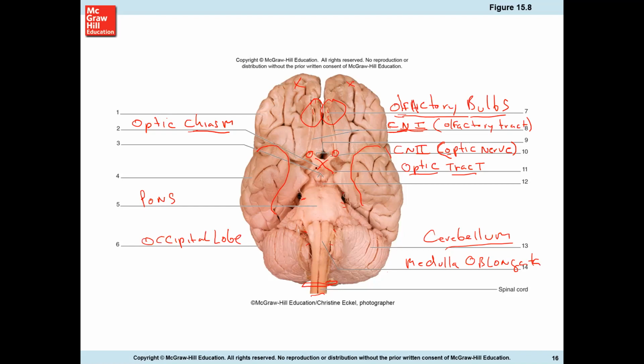Then the optic nerve is going to cross over in an area called the optic chiasm. You have to know this for our practical, what the optic chiasm is, what the optic nerve is. So behind the optic chiasm, now the projection fibers of the optic nerve will go back to the occipital lobe to tell us what we see and colors of what we see possibly. So behind the optic chiasm is the optic tract.